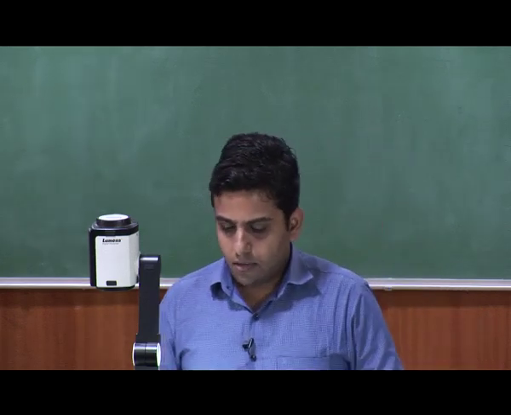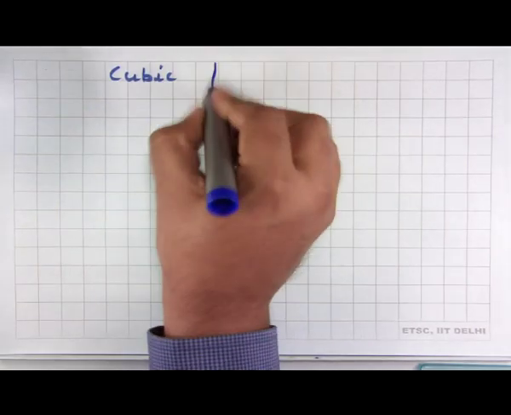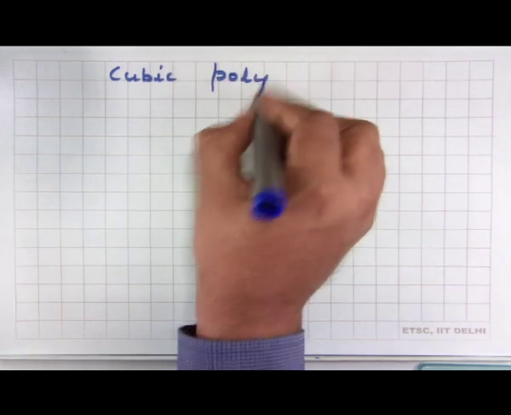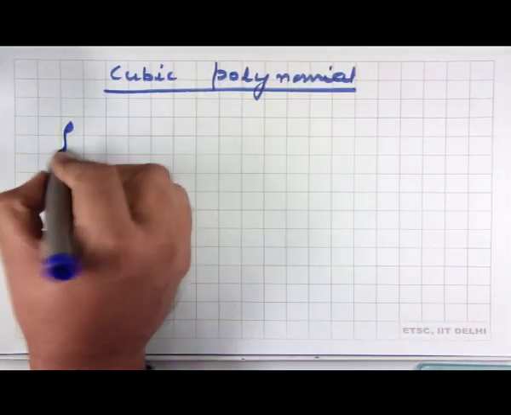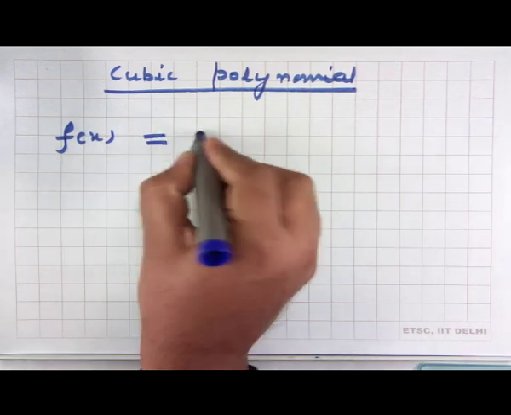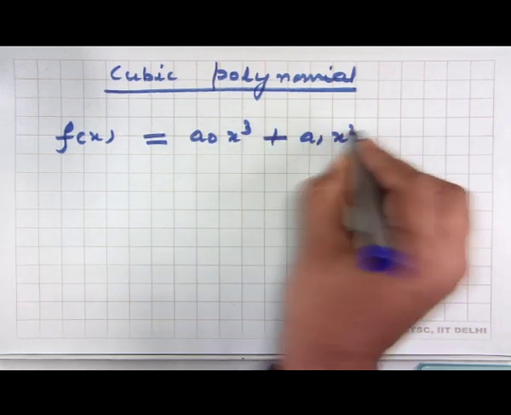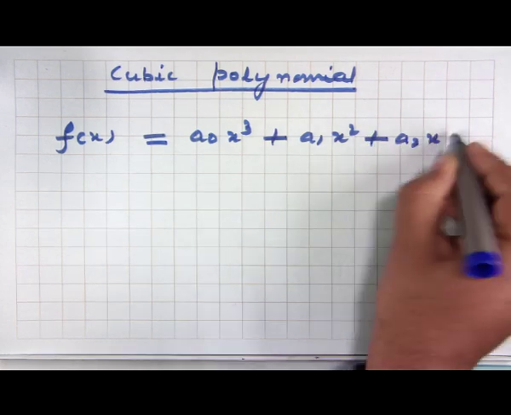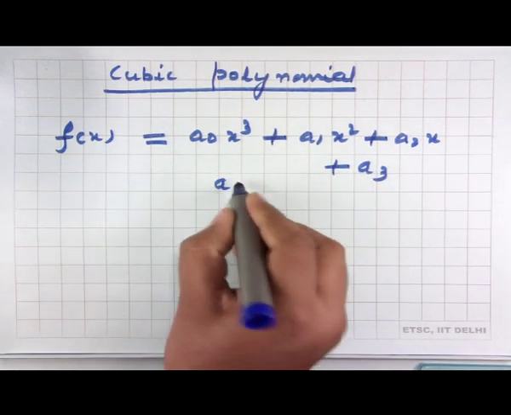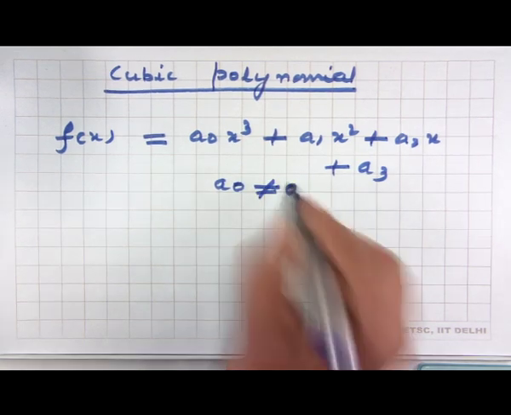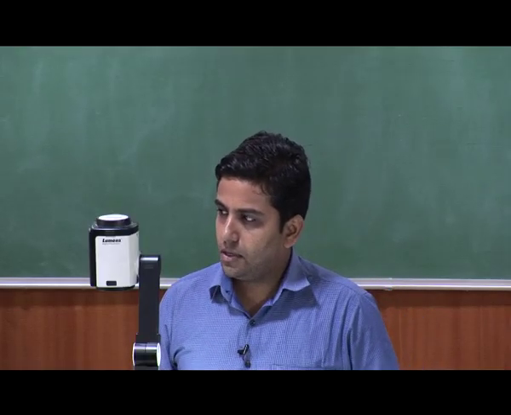Now we shall discuss the cubic polynomial. Cubic polynomial: if f(x) equals a0 x cube plus a1 x square plus a2 x plus a3, and a0 should not be equal to 0, because I am saying that the coefficient of the highest power should not be equal to 0.